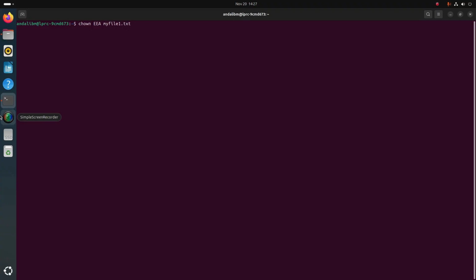And since I want to change ownership, I use sudo to make sure it is allowed by asking for my password. So if there is a user other than me on this computer with this name, that person is now going to be the owner instead of me.